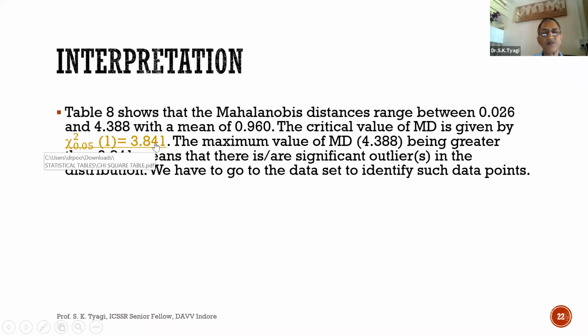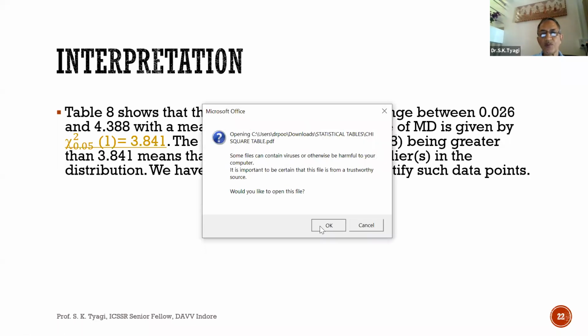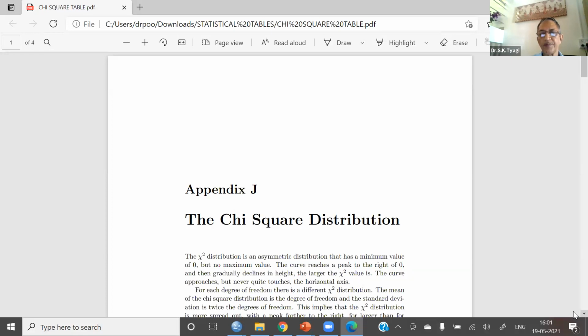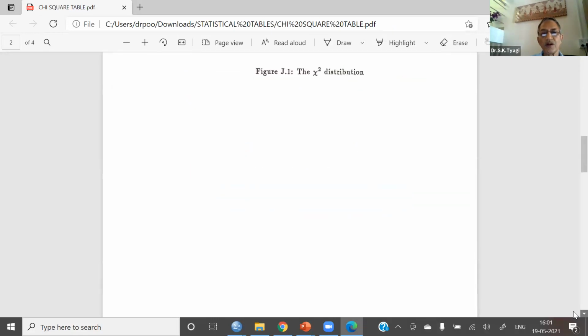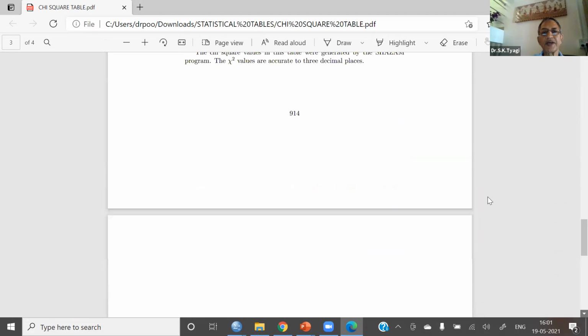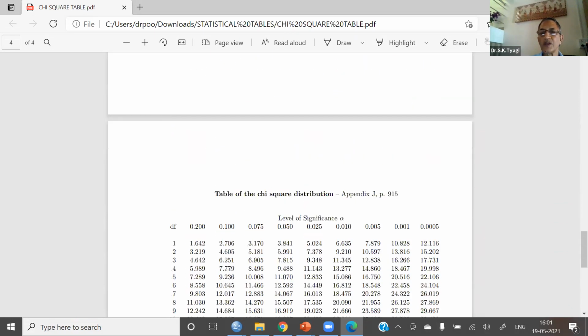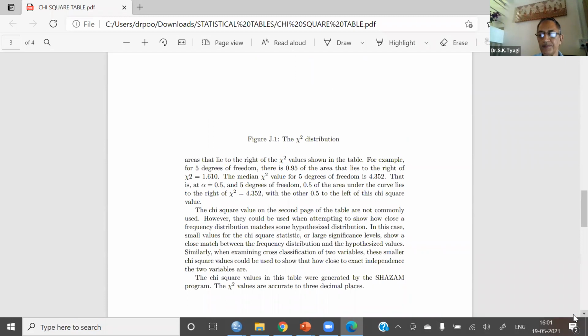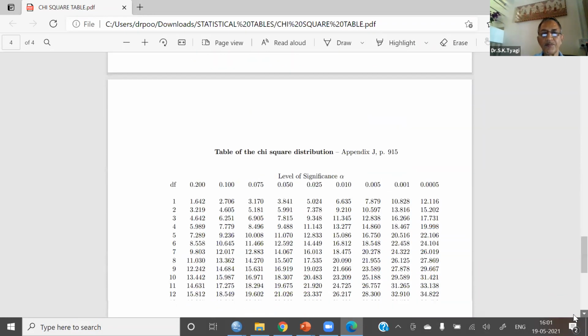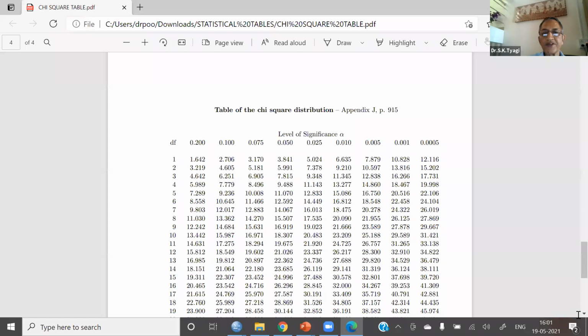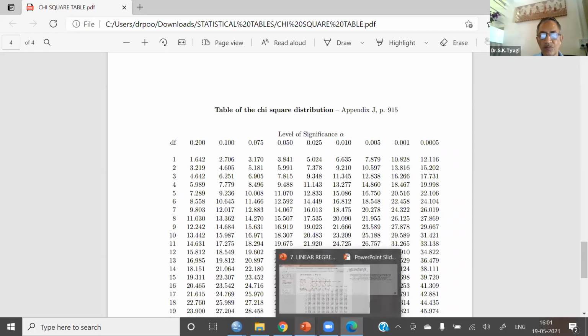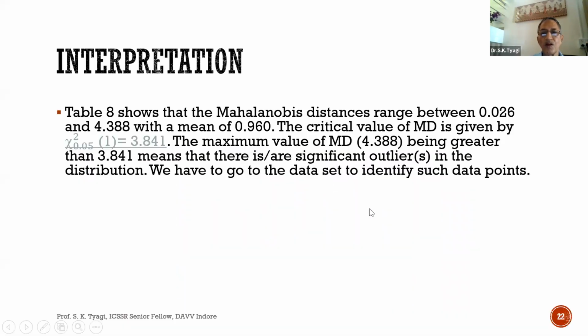You can check this in the chi-square table. In the chi-square table, at degree of freedom 1, the critical value at the 0.05 level is 3.841, so we have taken this.